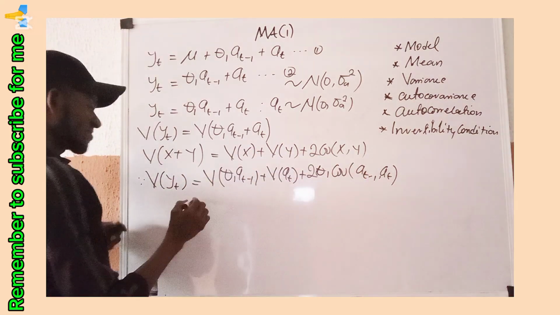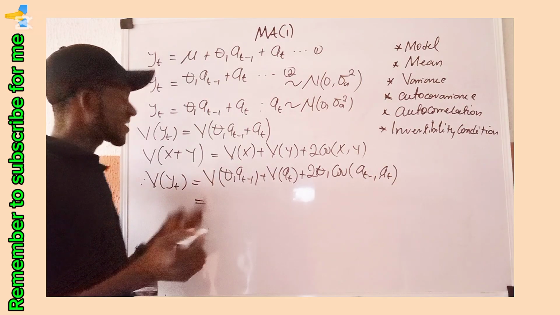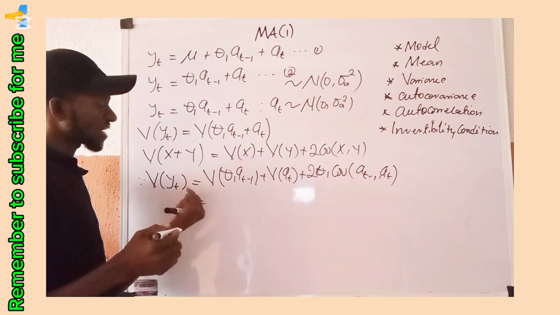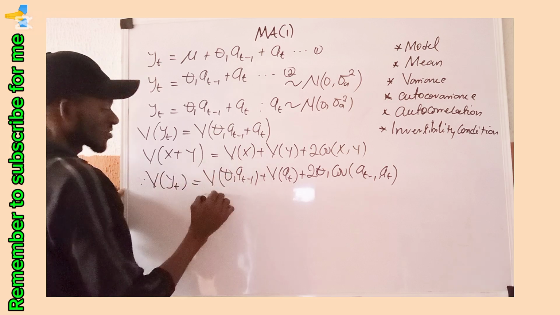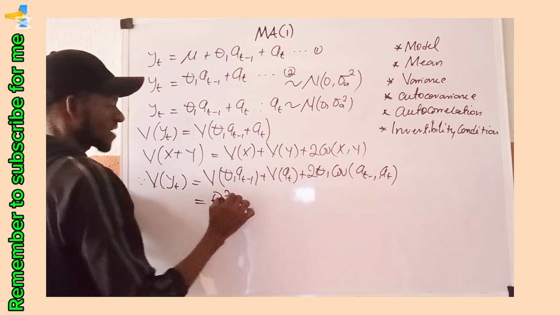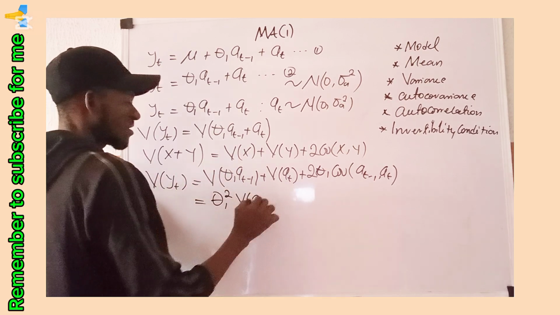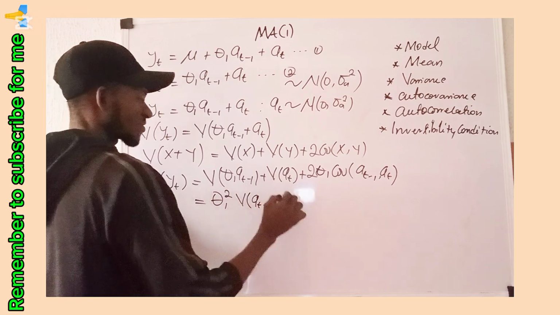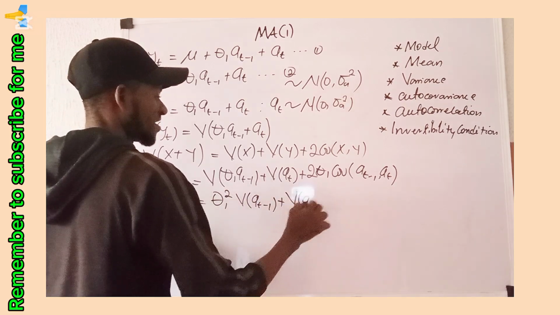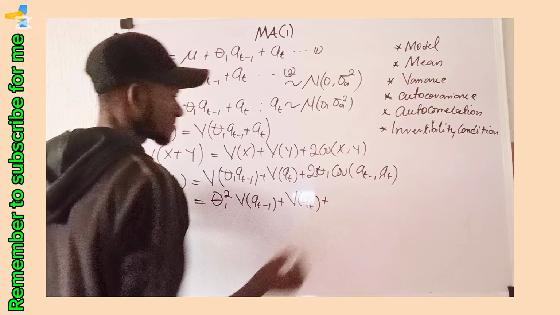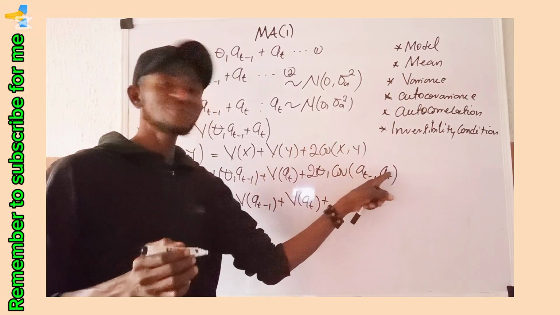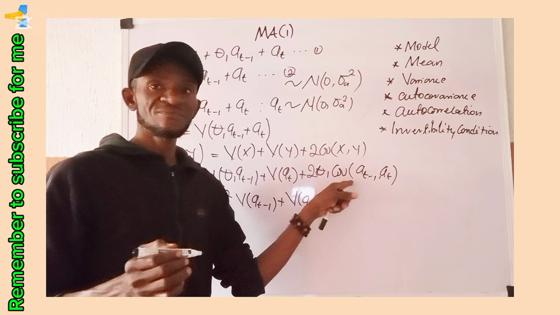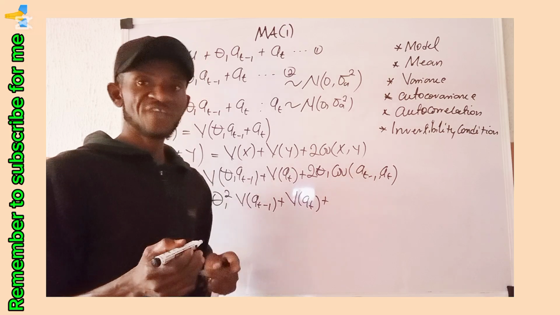So we move ahead. Do remember that each time you want to factor out a constant from the variance sign, you square the constant. So what I'm going to have here becomes theta 1 squared V of a of t minus 1 plus V of a of t plus. It is important that we know that the error terms at different points in time are independent of each other.